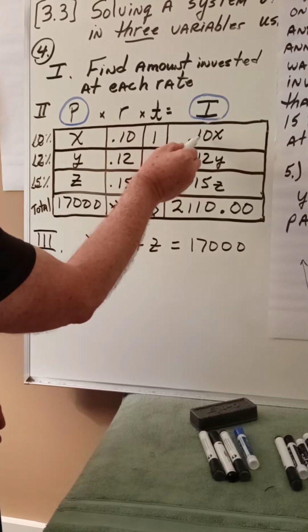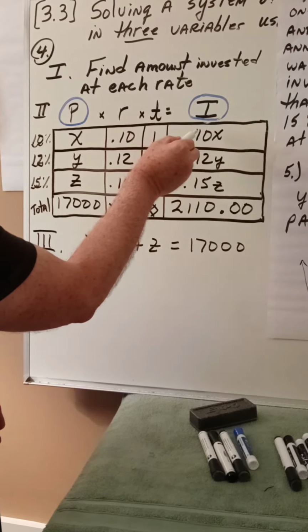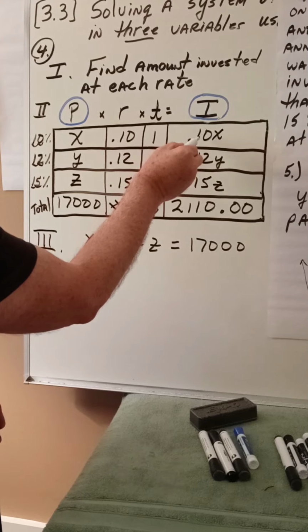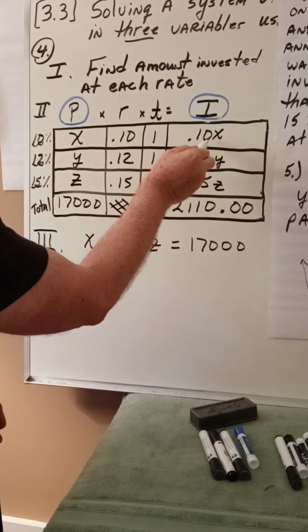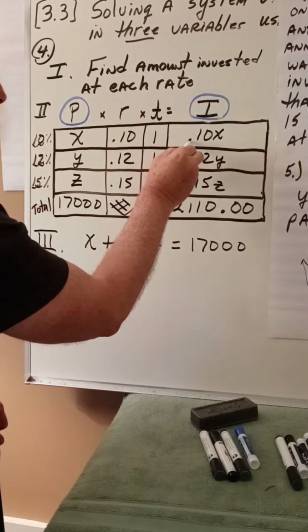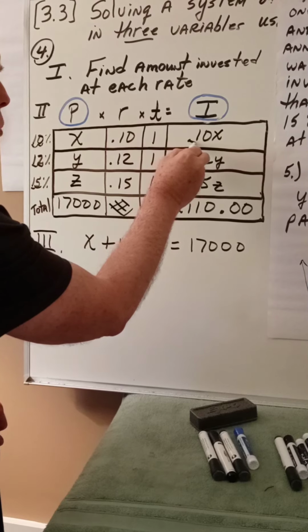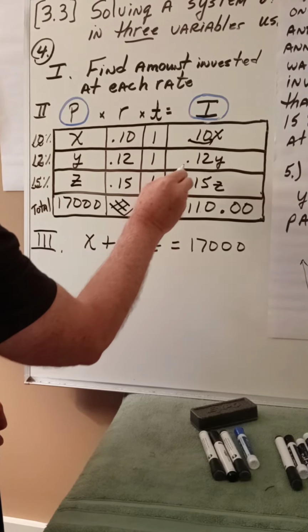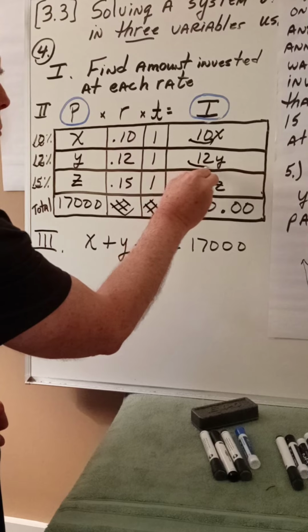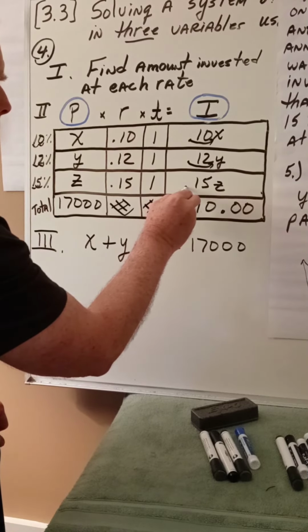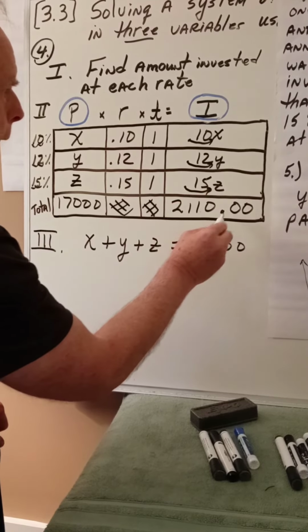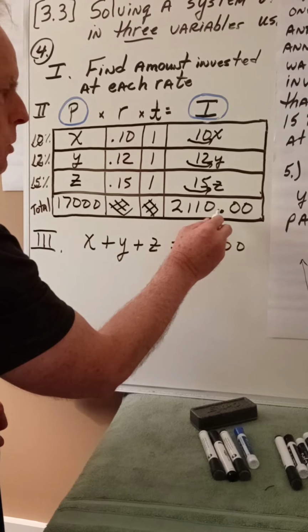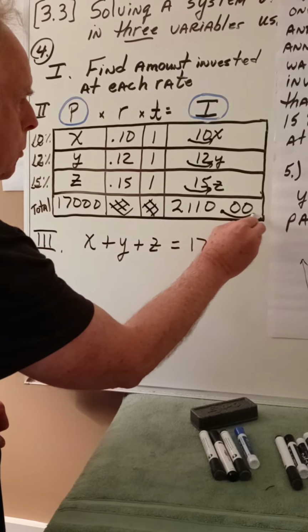We're going to take this box and multiply it by 100, so this will become 10x. Just move that decimal point twice to the right, move this box twice to the right, move this box twice to the right, and move $2,110 twice to the right.